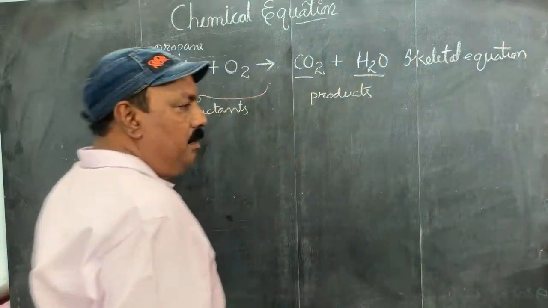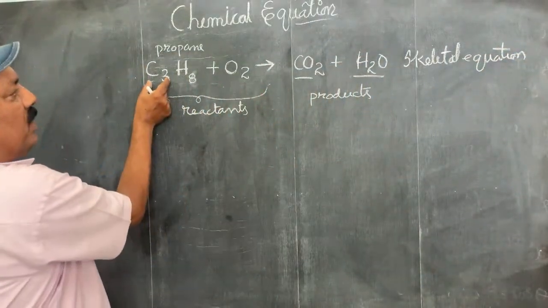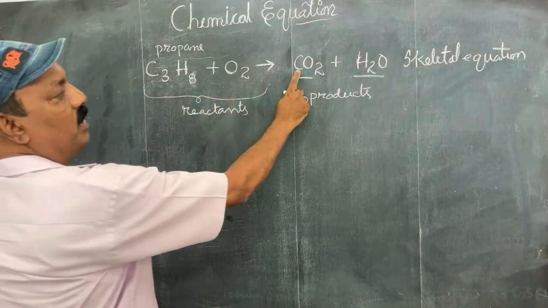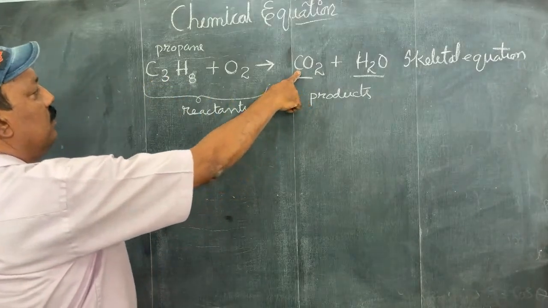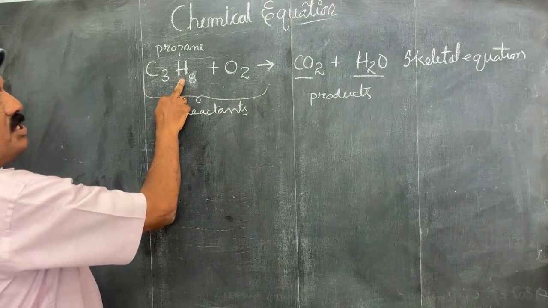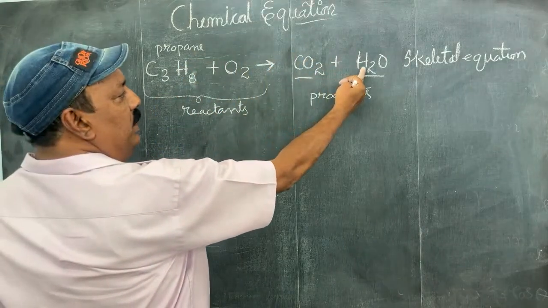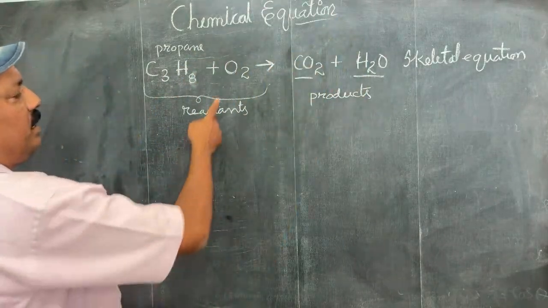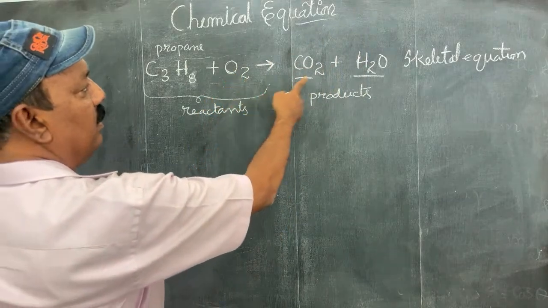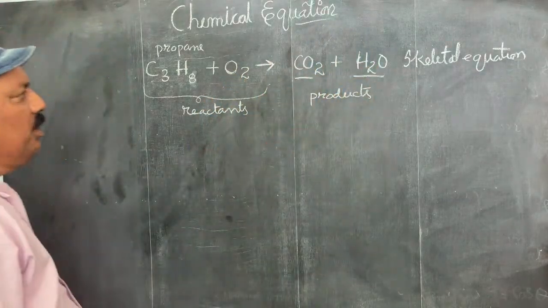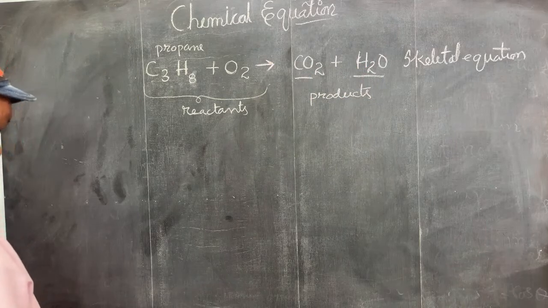How can you say it is unbalanced? You can see 3 carbons here, but in the products only 1 carbon. Here there are 8 hydrogens, but in the products only 2 hydrogens. And here there are 2 oxygens, but there 3. So totally it is an unbalanced one.